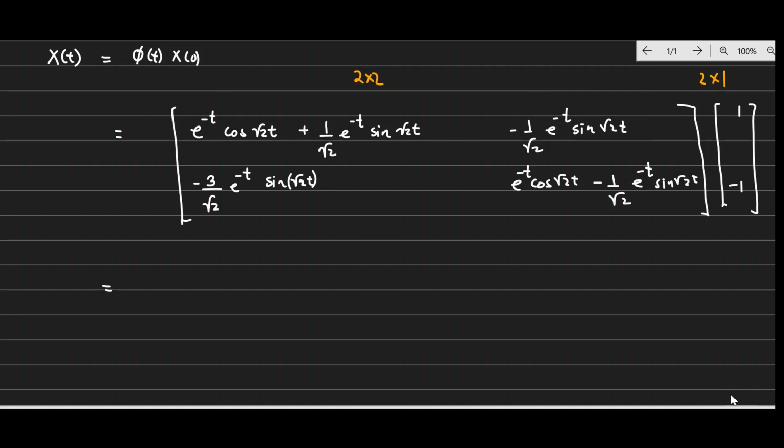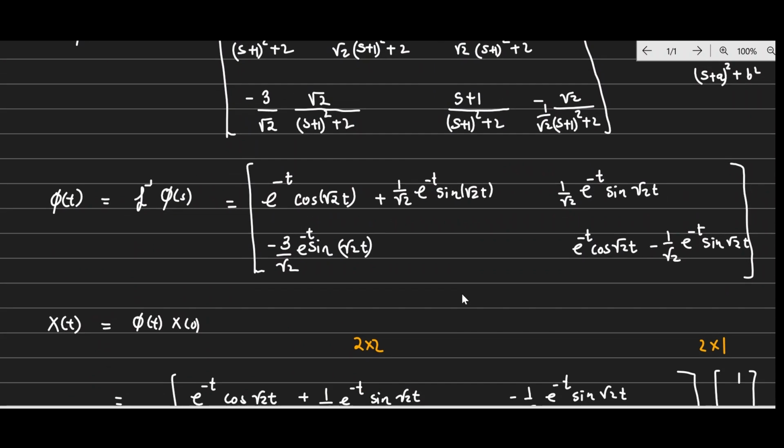So we're going to have e to the power whatever multiplied by 1. So this is e to the power negative t cosine root 2t plus 1 over root 2 e to the power negative t sine root 2t. And then this number multiplied by negative 1, that is plus, right? Plus what? Let's see. There's something that I missed out here.